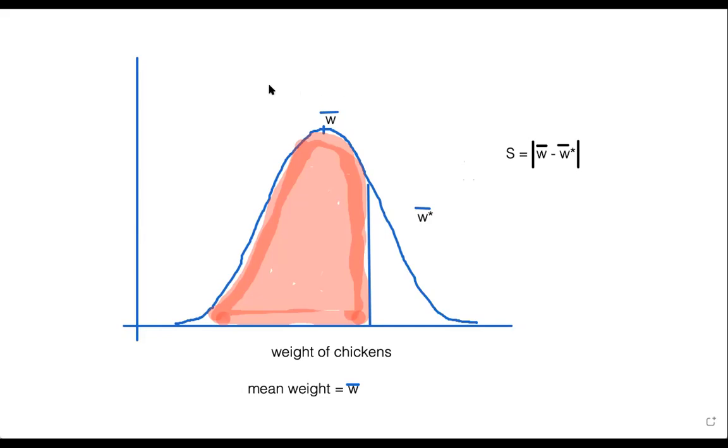If I were to allow all of my chickens to breed except for the very tiniest, then my selection differential would be very low.